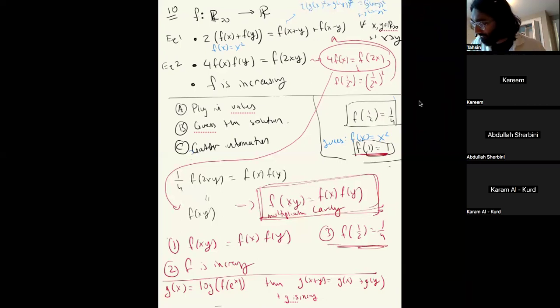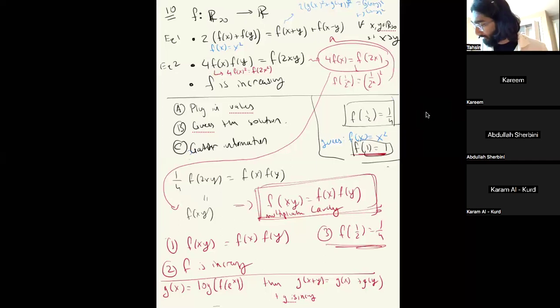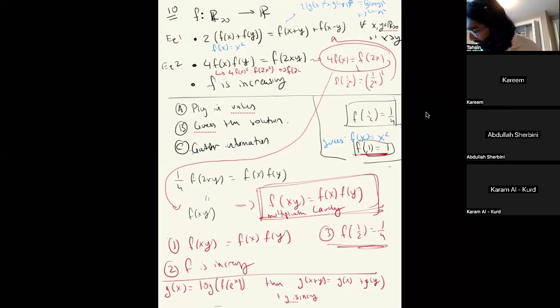Great, so from the second equation, if we put y equals x, we'll get 4f of x squared equals f of 2x squared. And since 2x squared can be anything, it will tell us that f of x is positive. Strictly, it tells us f of 2x squared is positive, and that can be anything.